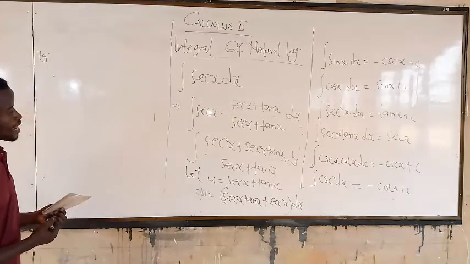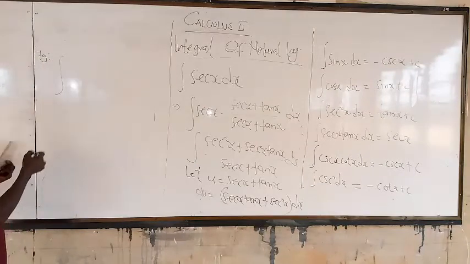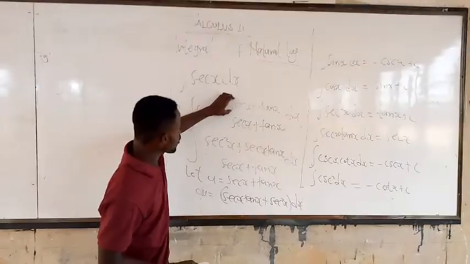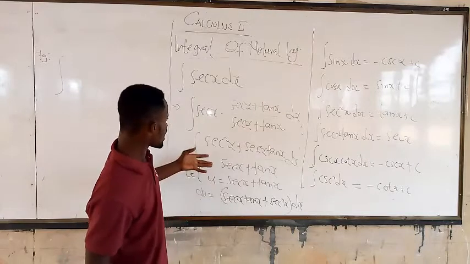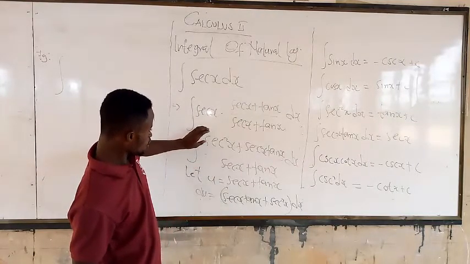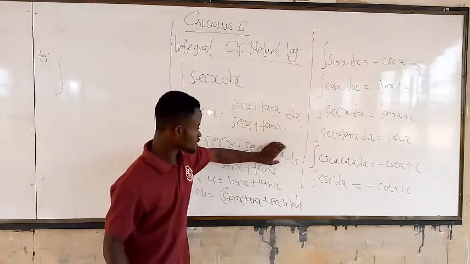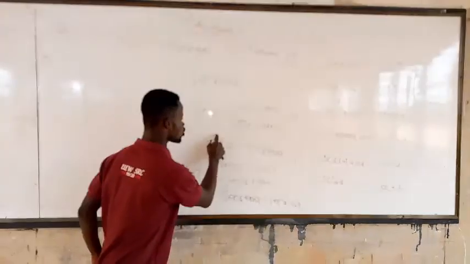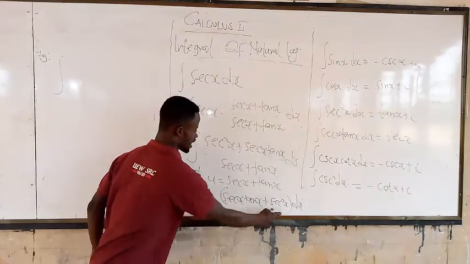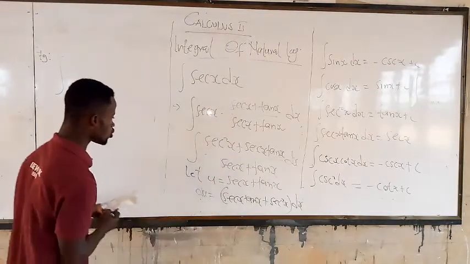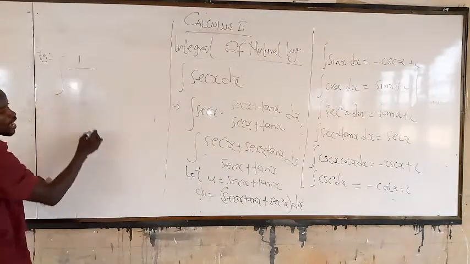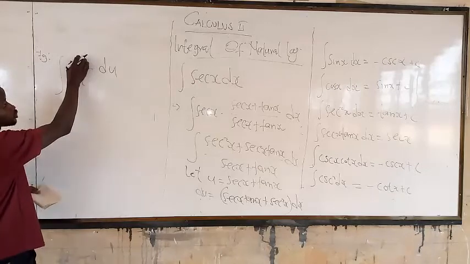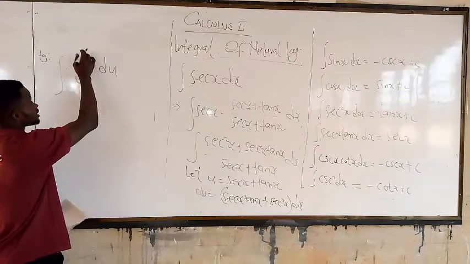By substitution, we can see that the whole of this ds is exactly what? du. So we can now get 1 over u du, because the top here is du, and the bottom is u.